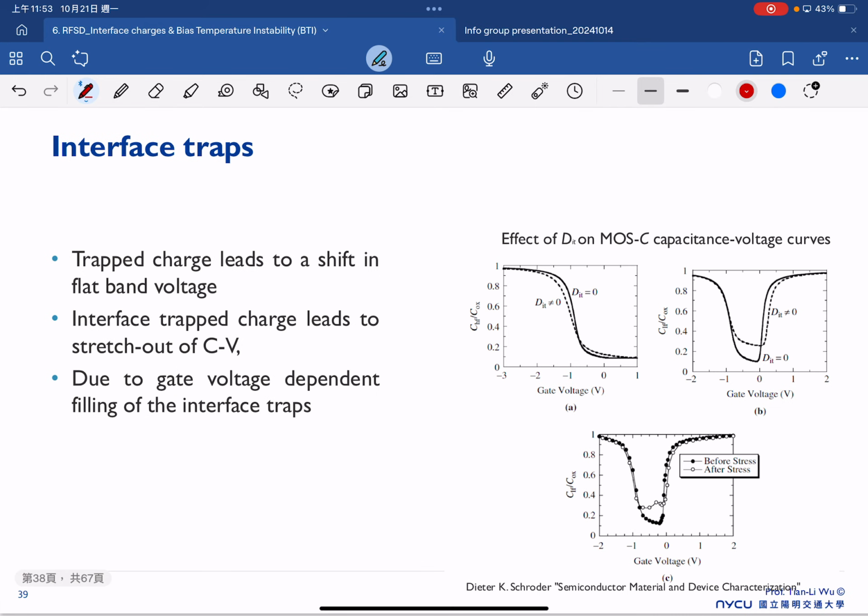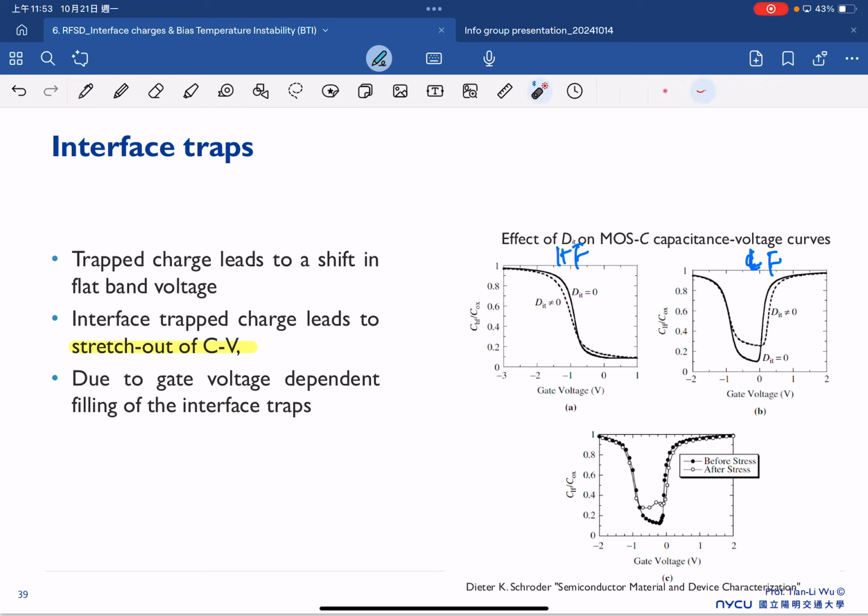So the trapping charge can lead to a shift in the flat band voltage, but also lead to the stretch out of our CV curve here. So now you can see this is a high frequency CV, this is a low frequency CV here, and this is the case when DIT is equal to 0.